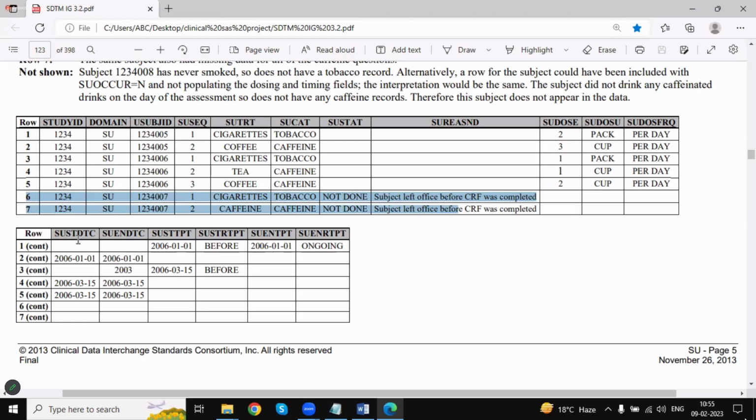Clear? Start dates and end dates: when the particular habit was started and ended. HTTPT, ENTPT: first visit date, last visit date. Okay. STRTPT, ENRTPT: before or on, still it is ongoing.